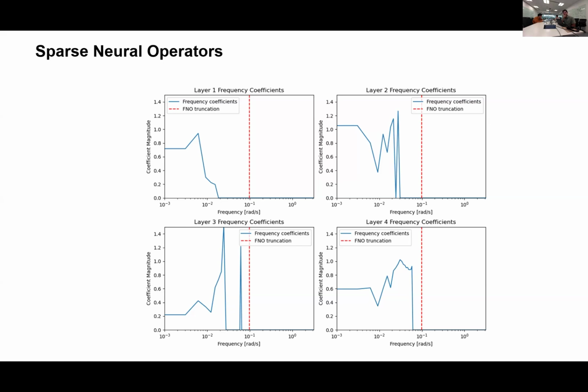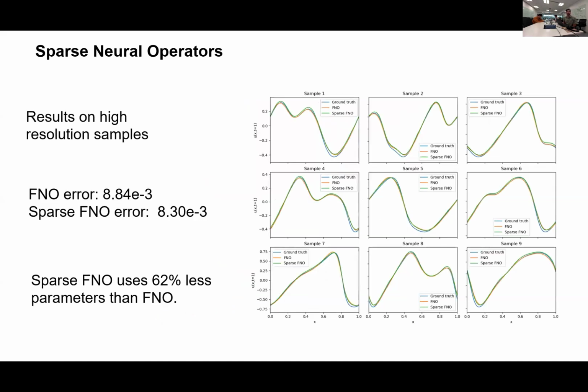Here you can see that the x-axis, the frequency, is on a logarithmic scale. They truncate a lot of modes, but even with this large truncation of modes, we were able to find an even more sparse representation. We truncated even more modes because, according to the sparse selector, a lot of modes that were still used are not actually useful.